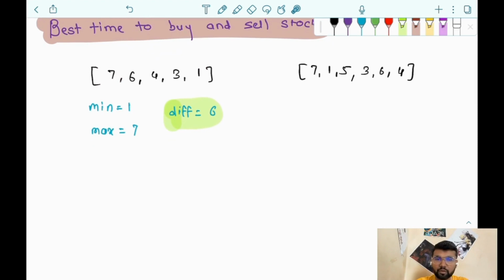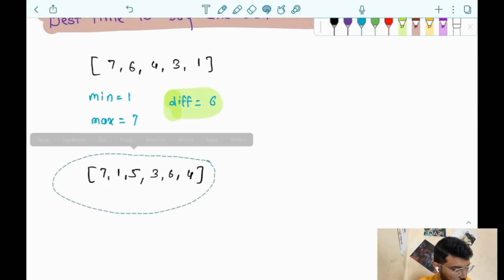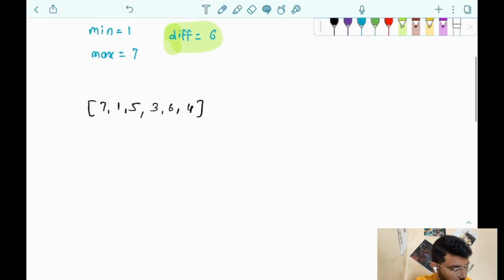So now think over this: suppose on each day we have the minimum stock price until today. Let me take this example. Suppose the minimum price until today.